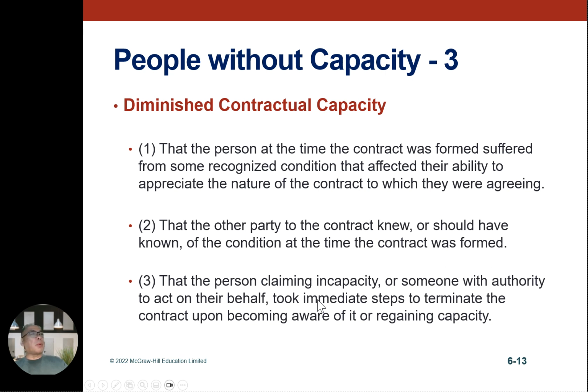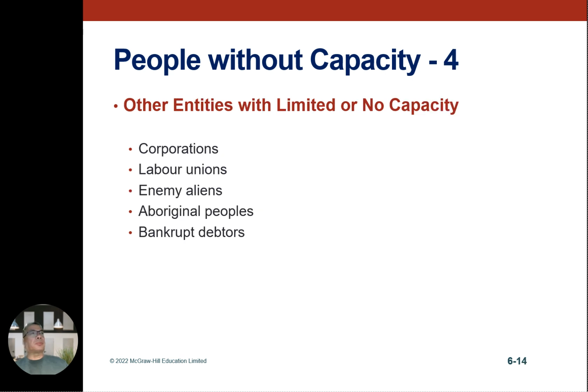And the person claiming incapacity, or someone with authority to act on their behalf, took immediate steps to terminate the contract upon becoming aware of it. So this is for people without capacity, such as minors or people who are mentally disturbed.